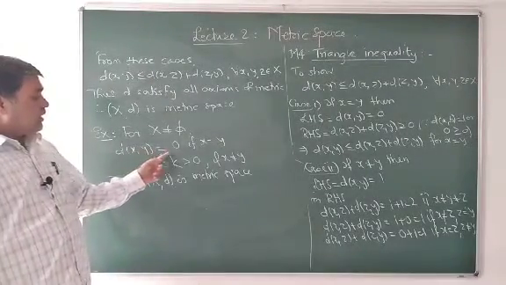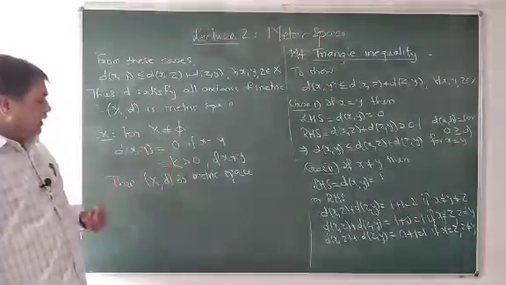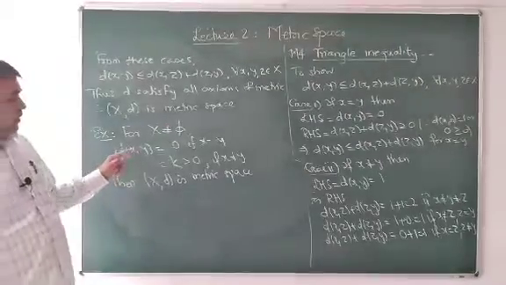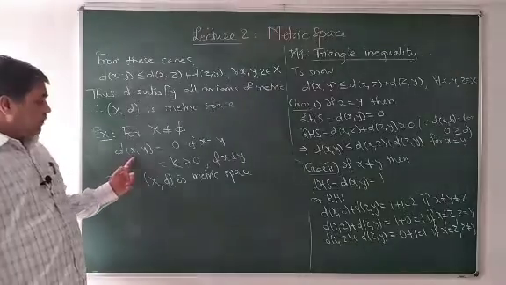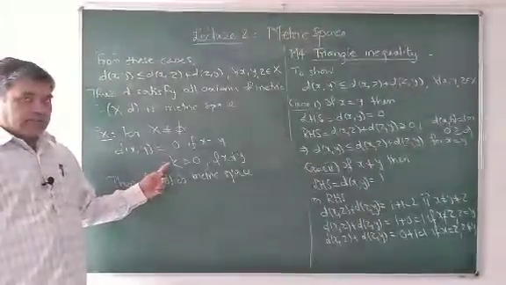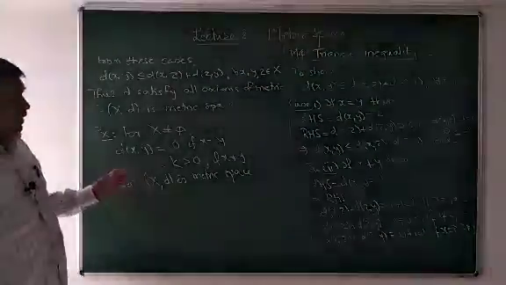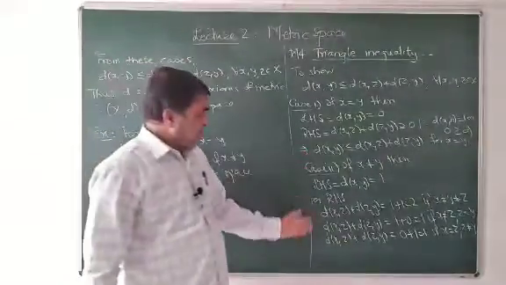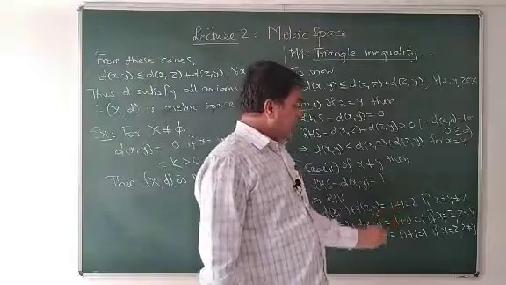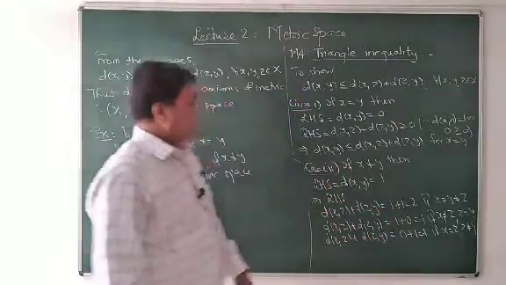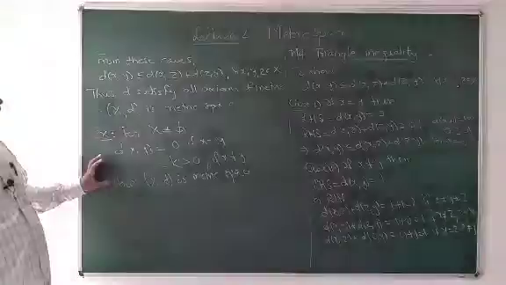Then d of (x, y) is greater or equal to 0 by definition of d again. d of (x, y) is 0 if and only if x is equal to y. d of (x, y) is equal to d of (y, x) again. For the triangle inequality, by the same cases here, just this 1 will get replaced by k, and the triangle inequality is also satisfied by this function.